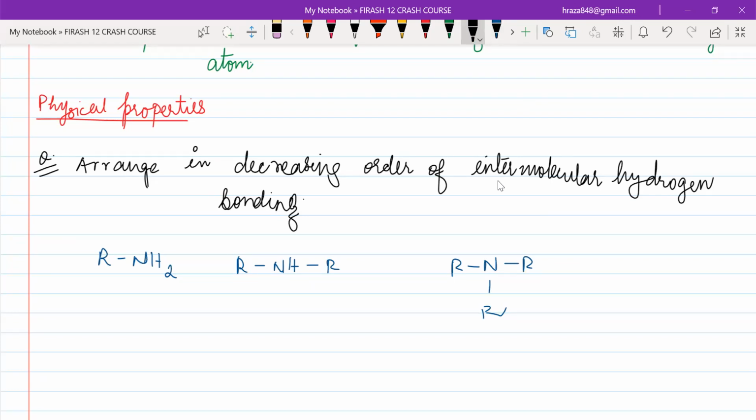Primary. Primary amine, because two hydrogens are free, so it will have the most, then this, then this. Please do write it.